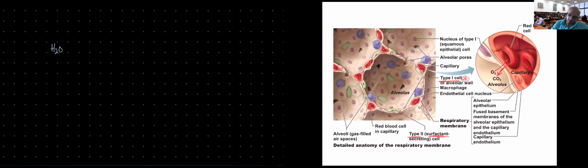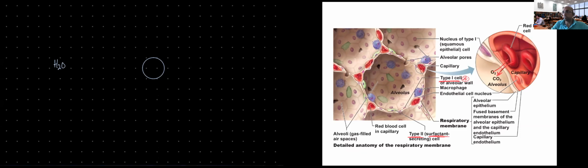If you remember, oxygen has how many electrons as an atom? You remember the atomic number of oxygen? What is the atomic number of oxygen? Exactly, 8.